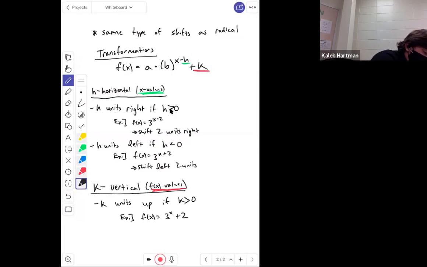That K is outside of the exponent, guys. It's not part of the exponent. So here it's positive. So this is a shift up 2 units.